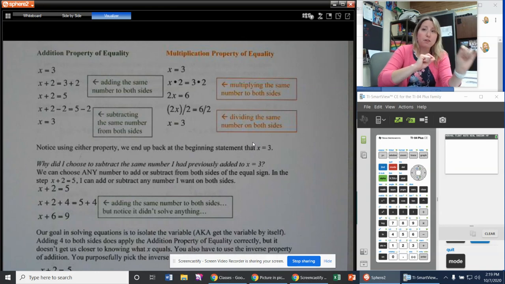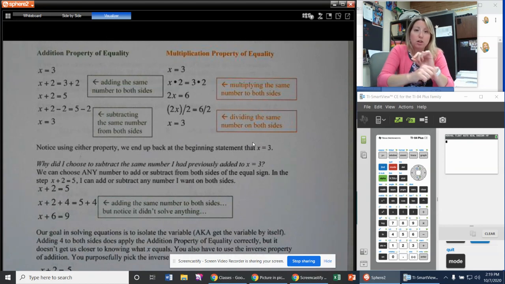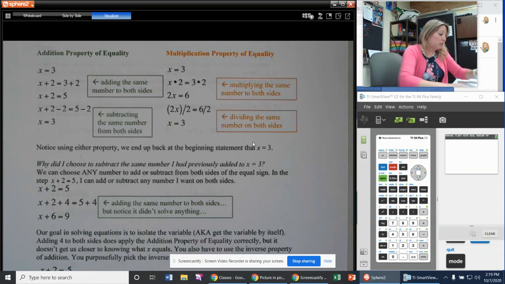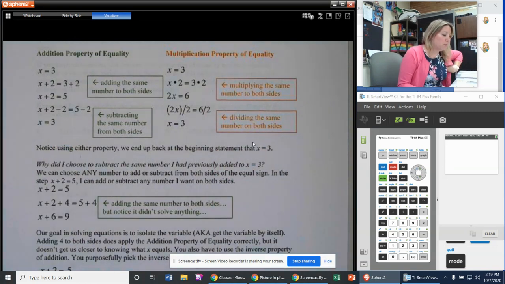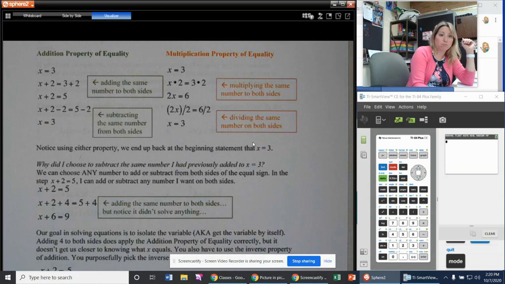If I know that if I do something to one side of the equal sign, I have to do it to the other, I can manipulate my equation to move things away from my x, and that's what I'm doing. You're manipulating to move things from one side of the equal sign to the other.